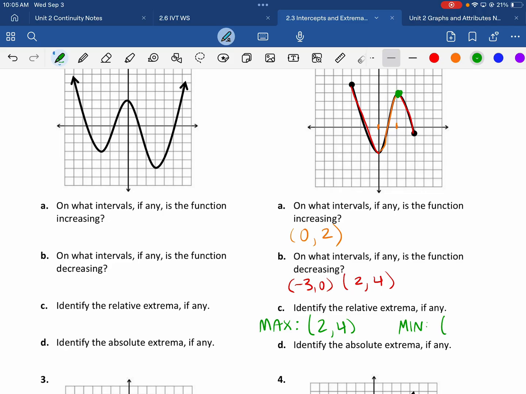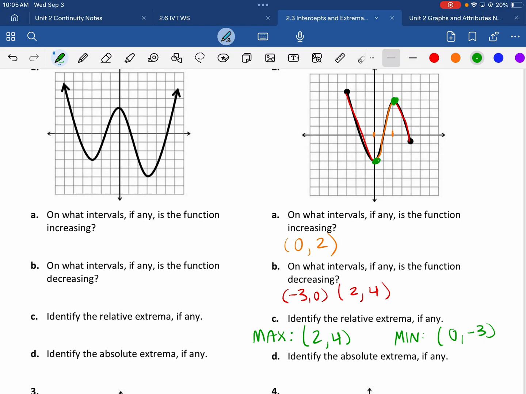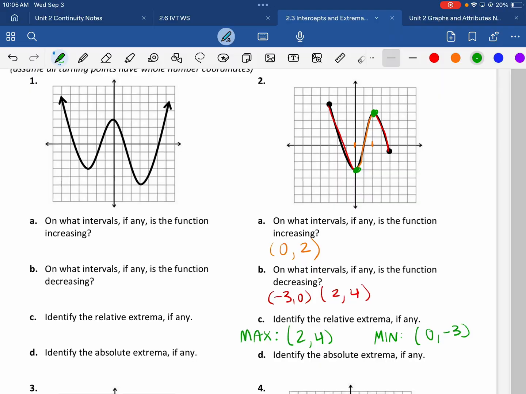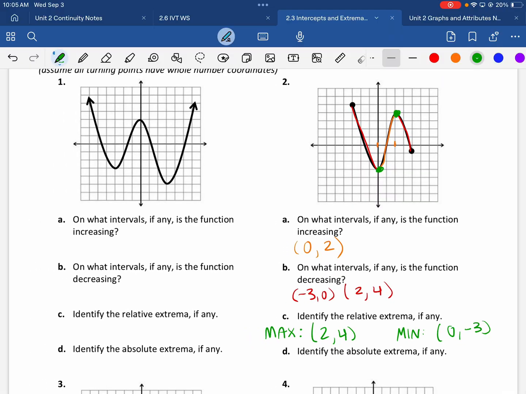And the minimum is going to be at 0, negative 3, that's right here. Does it matter if they're open or closed, like the bracket or parentheses? Nope, because we're not talking about domain.